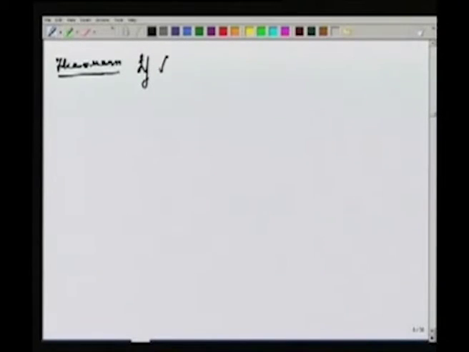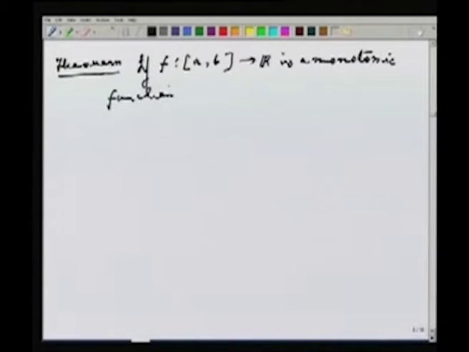So the theorem says, if f from [a, b] to R is a monotonic function, then f is again Riemann integrable.